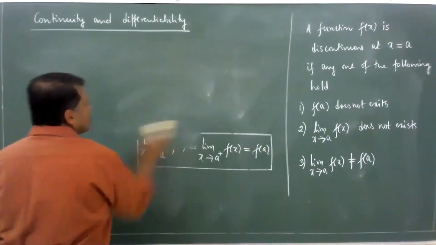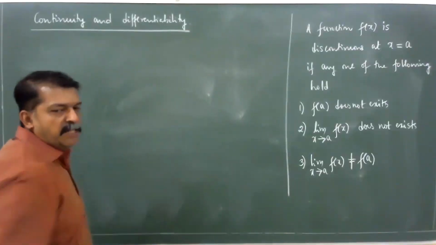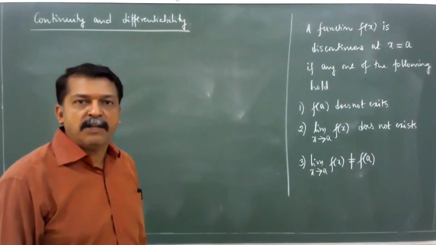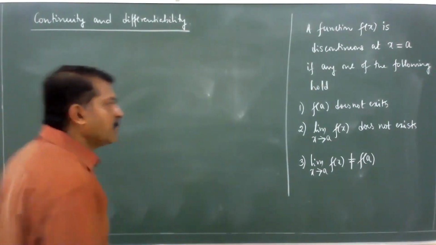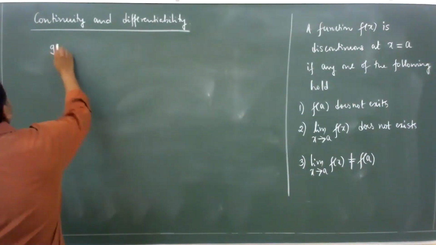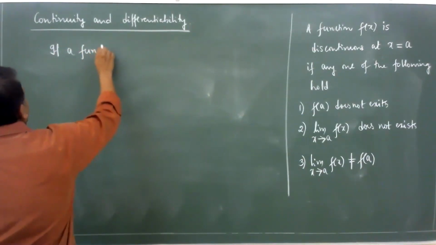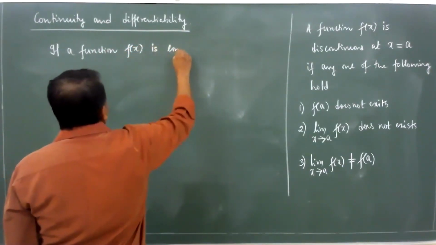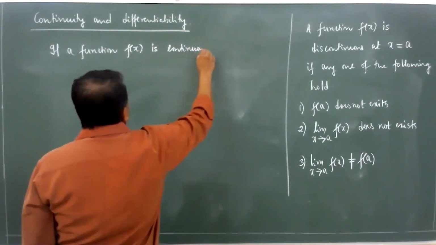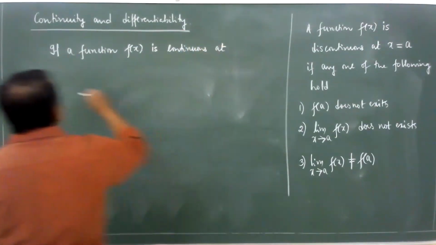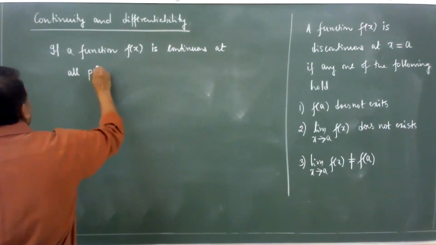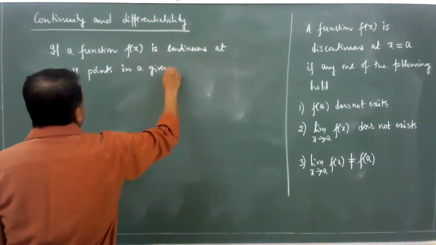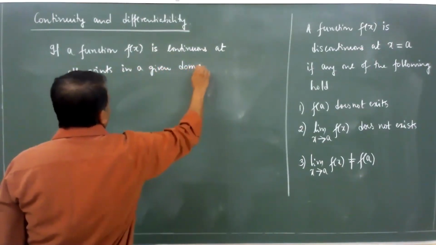Suppose in the examination, if they ask, define a continuous function, that means you have to define the continuity of a function at each and every point. How to define that? If a function f of x is continuous at all points in a given domain, that domain may be anything.